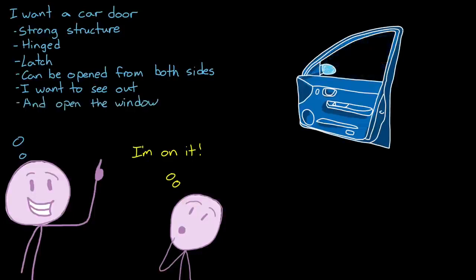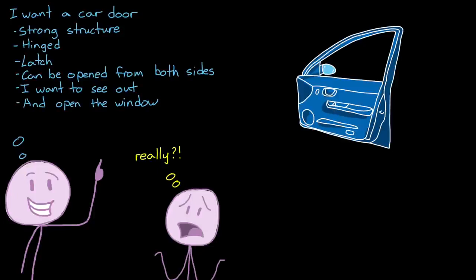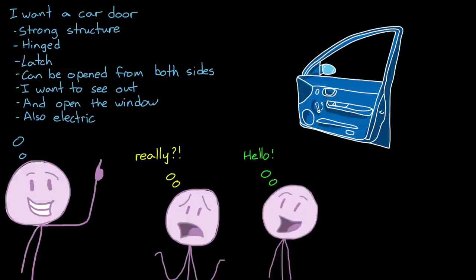But now you want to be able to open the window. So they redesigned the door to include a mechanism for moving the window and a mechanical crank. But that's not exactly what you wanted. You want it to be electric. Well, now you need to get an electrical engineer to design in a motor and a toggle switch and somehow route power from the car electrical system to the door.